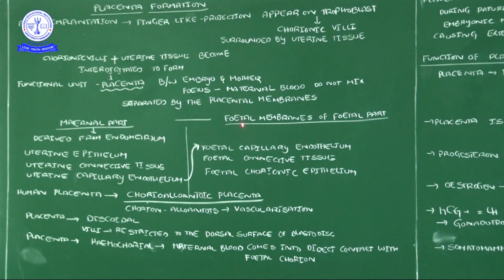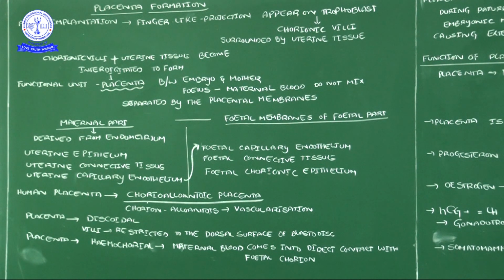Okay, then come to this side, fetal. The fetal membranes of the fetal part, from the internal side to the external side, are the fetal capillary endothelium, the fetal connective tissue, and the fetal chorionic epithelium.